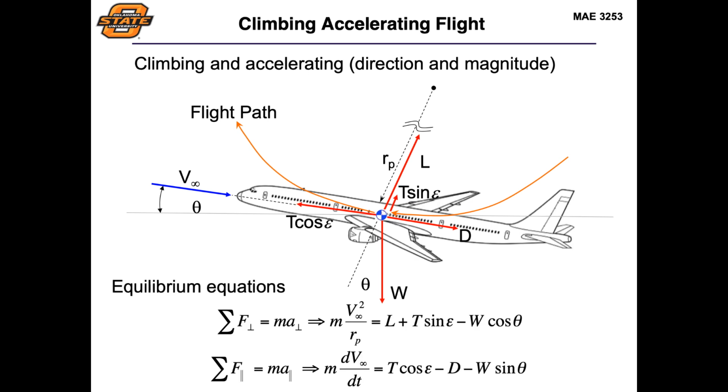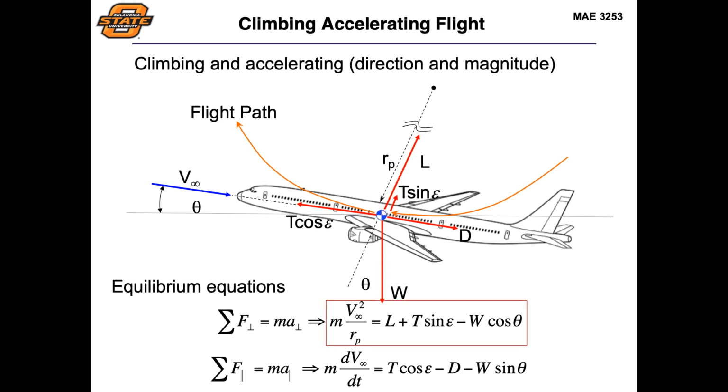Now, when you combine all these together with the previous equations that we derived, we now can come up with a full set of equations for our aircraft at any point in time. So our aircraft is now climbing, it's changing its altitude, as well as accelerating, it's changing its velocity vector.